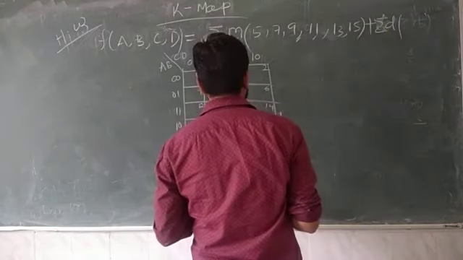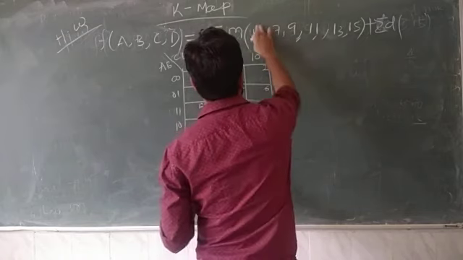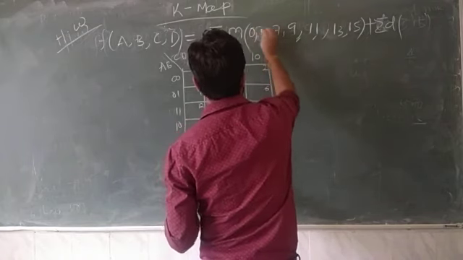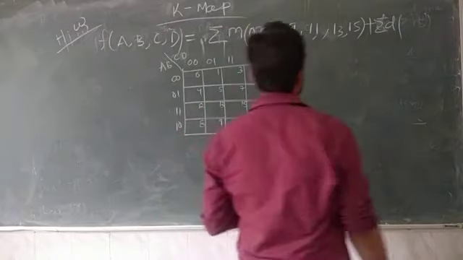So obviously we need to take one more variable, that is 0, 5, 7, 9, 11, 13, 15.